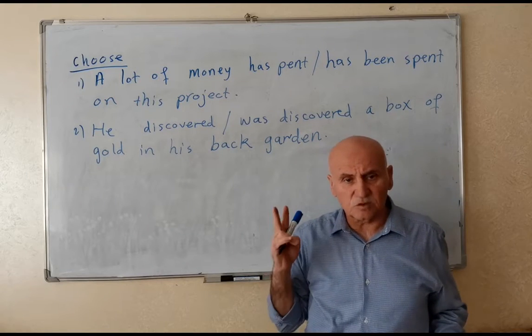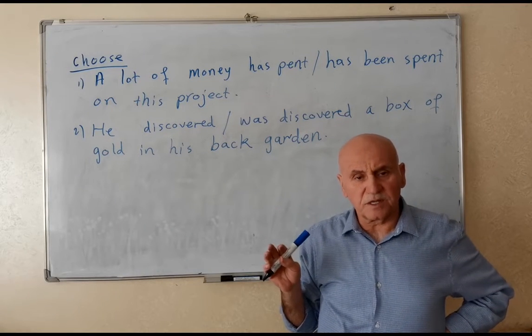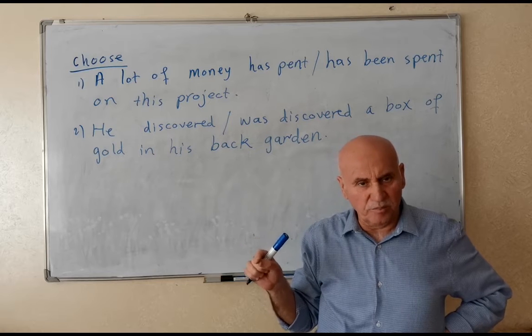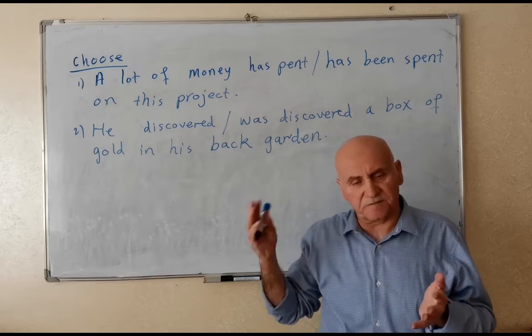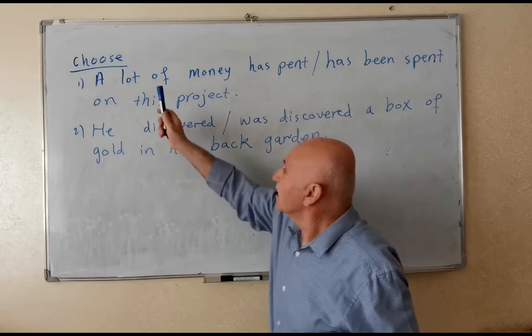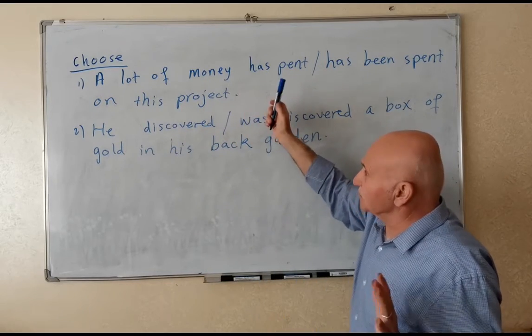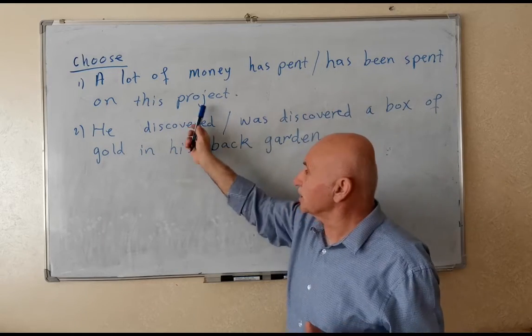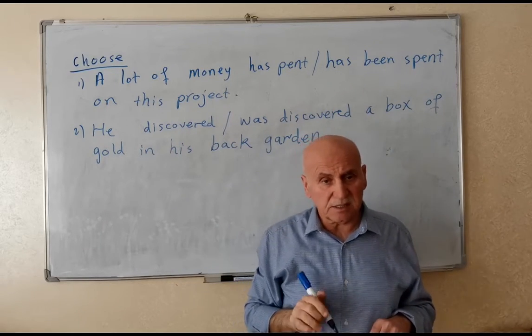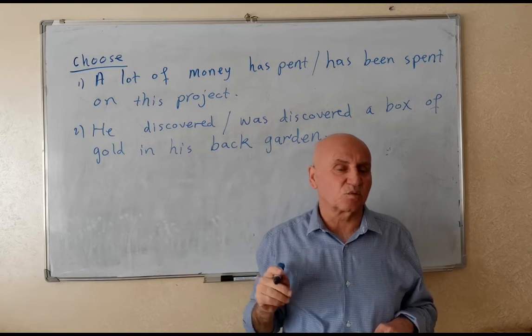Now here we have two sentences. One of them is about the active form and the second one is about the passive form. A lot of money: which is right to say, has spent or has been spent on this project? The right answer is has been spent. Why?